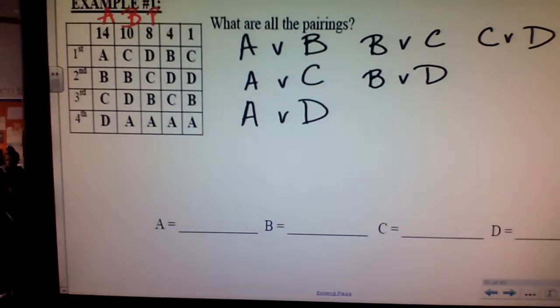B. B is in first, A is in fourth. B. B is in third, A is in fourth. B. So once we gather that information, A takes this first column, they've got 14 points. B takes the rest of it. So 10 plus 8 plus 4 plus 1, 23. B is your winner.